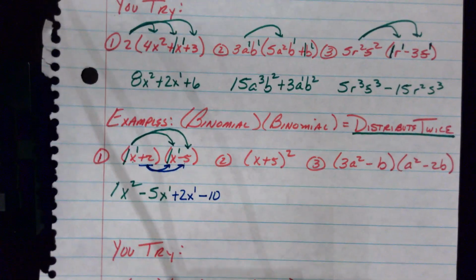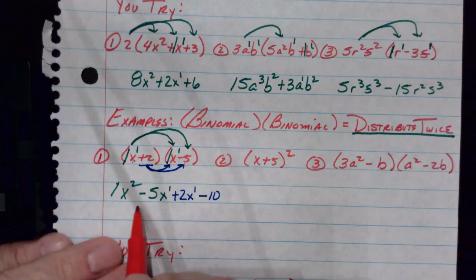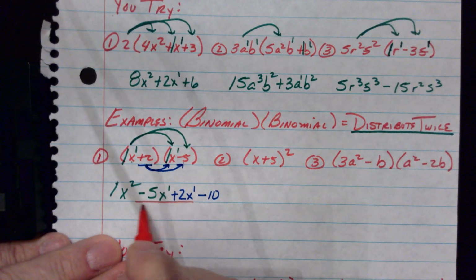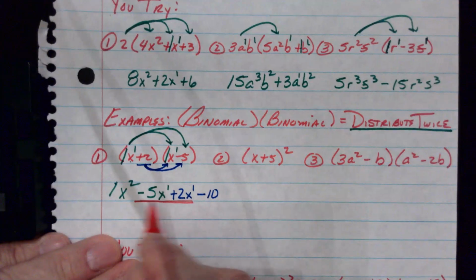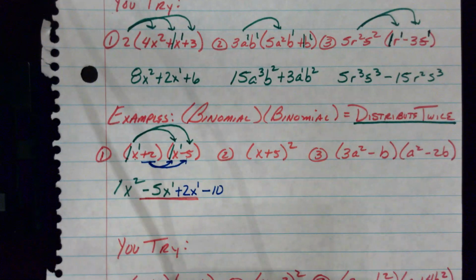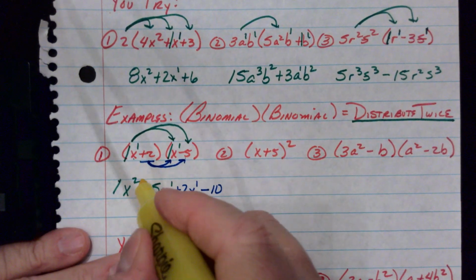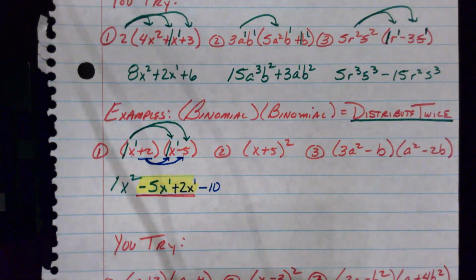Now, this brings about the point that you have some stuff here that is like terms. So we have to address that. These two in the middle, after I multiply and divide in PEMDAS, I add and subtract. So I'm going to put these two terms together because they have the same degree.